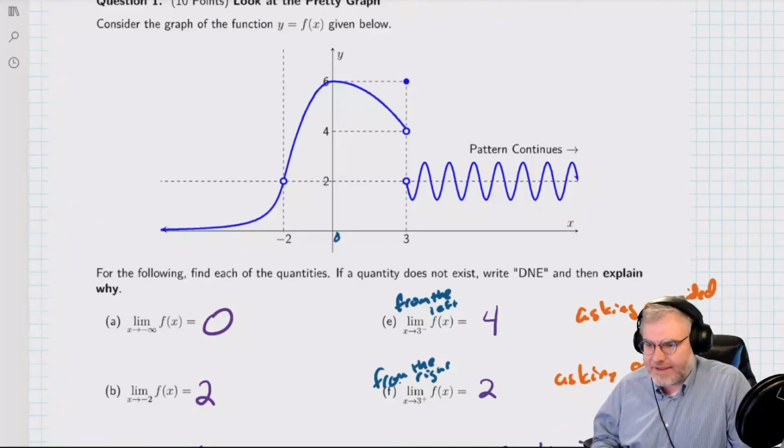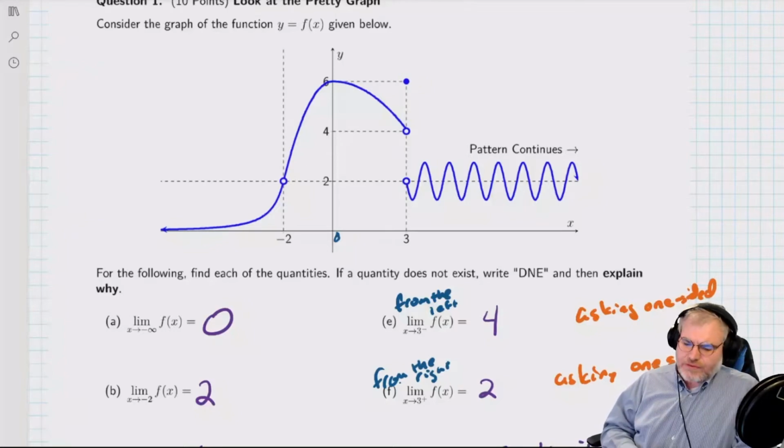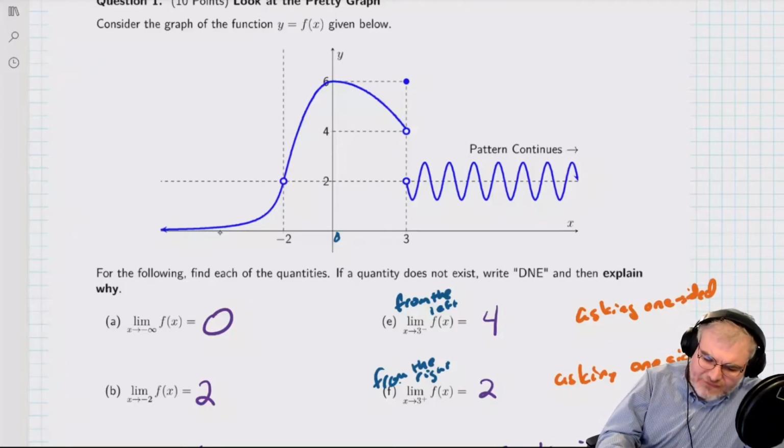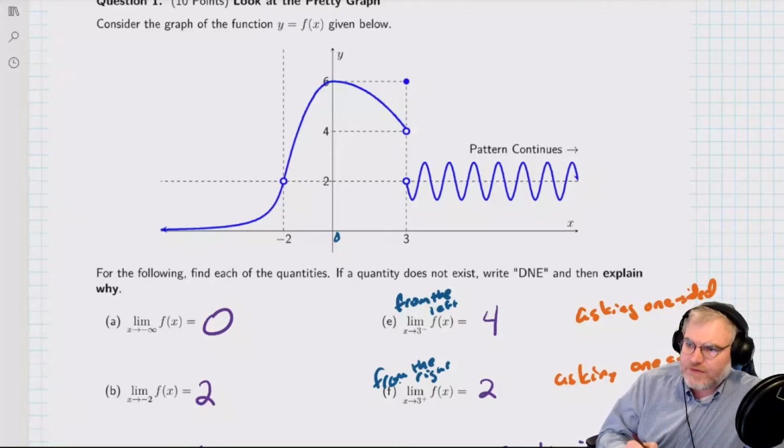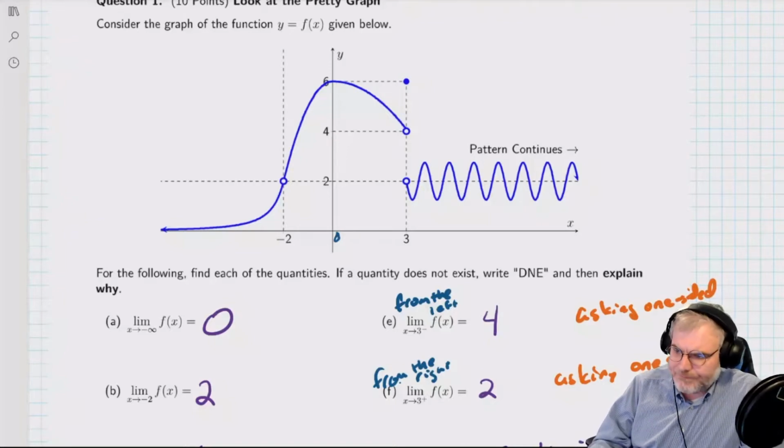It's just where I'm heading. And here I'm heading to, as x goes to negative infinity, y goes to 0.